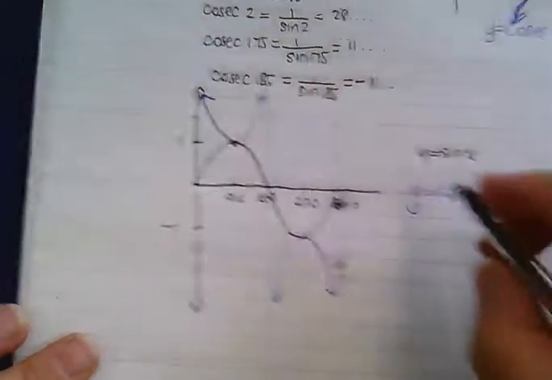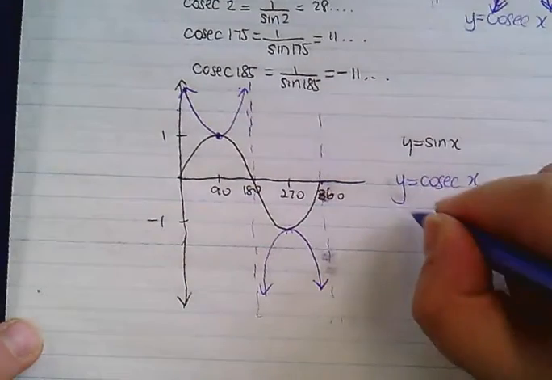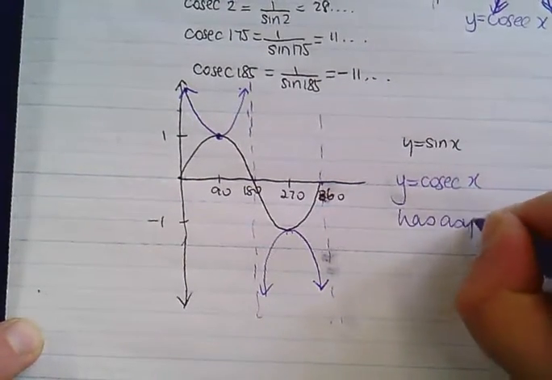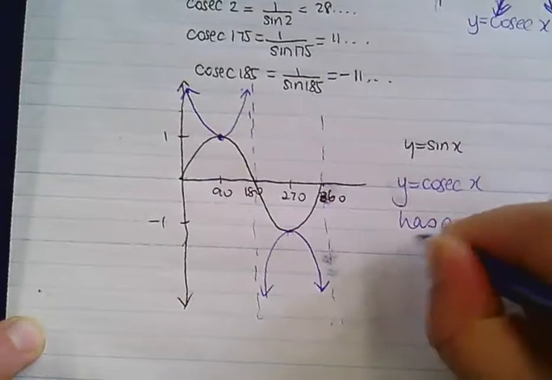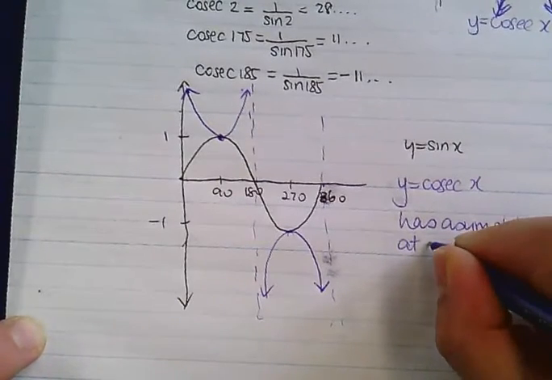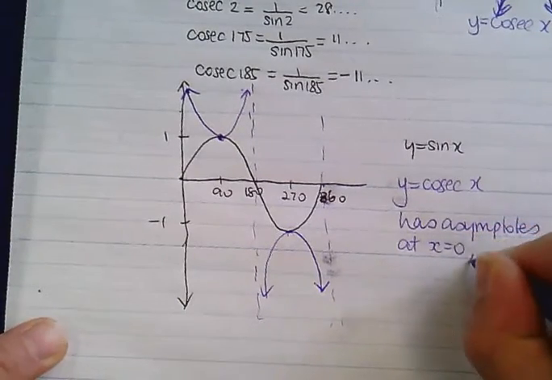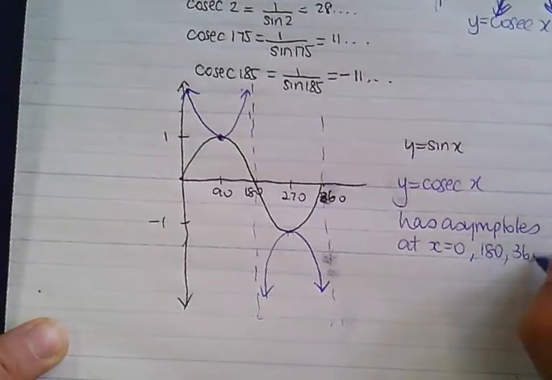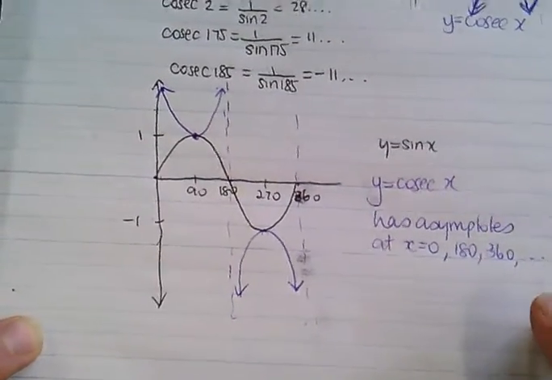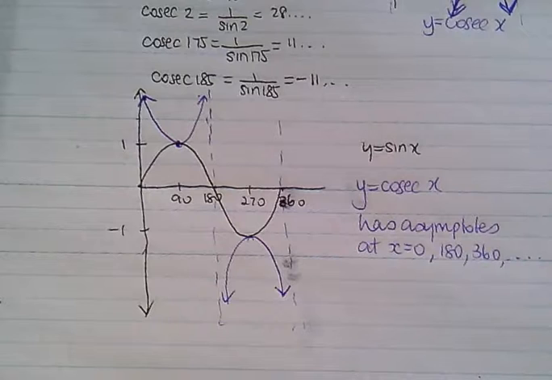So y equals cosec x has asymptotes, where are the asymptotes? At x is 0, 180, 360, and so on. It has asymptotes wherever sine x equals 0, because it's 1 divided by 0.